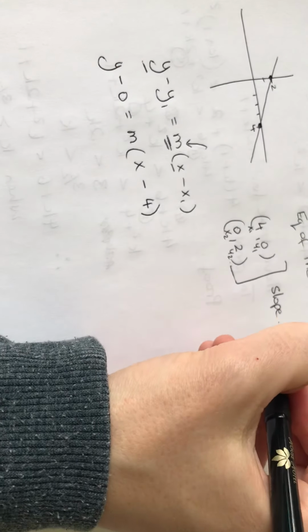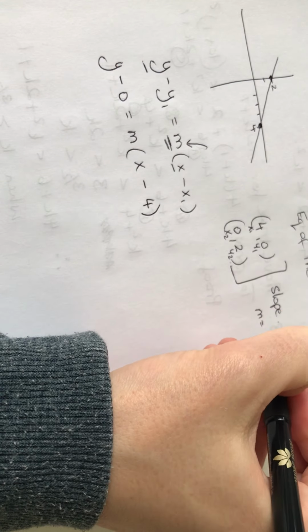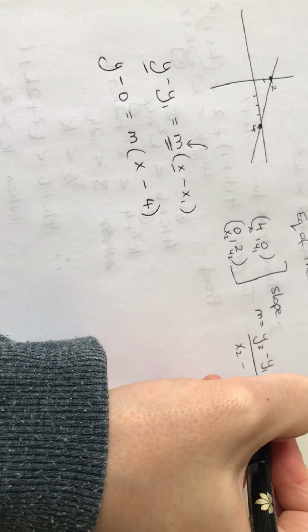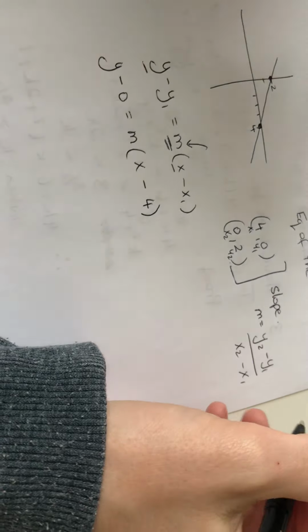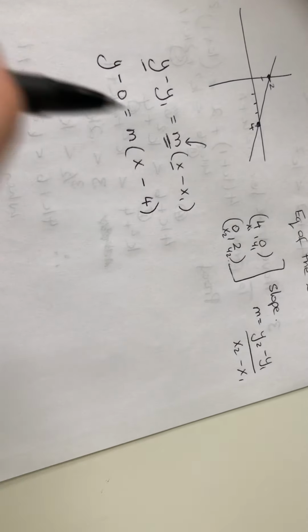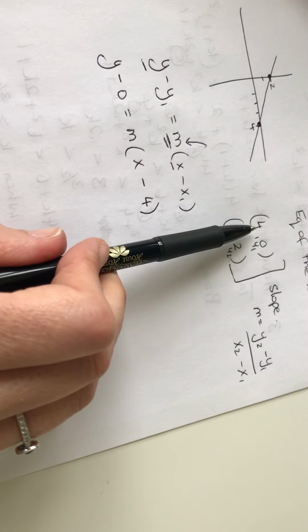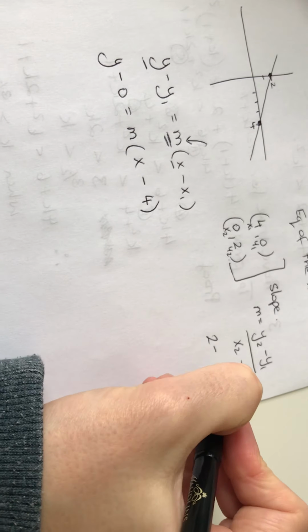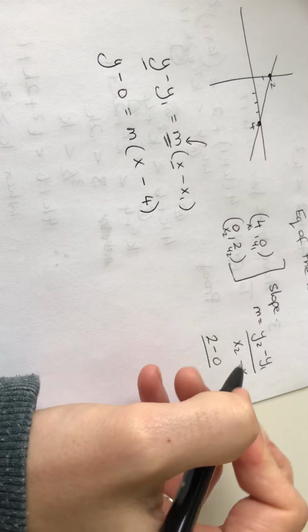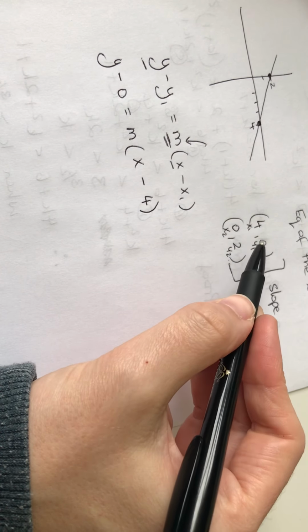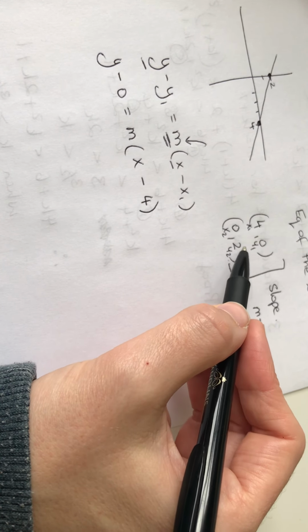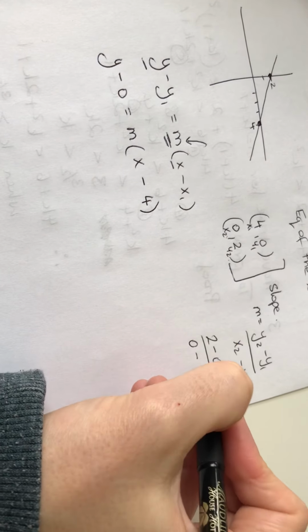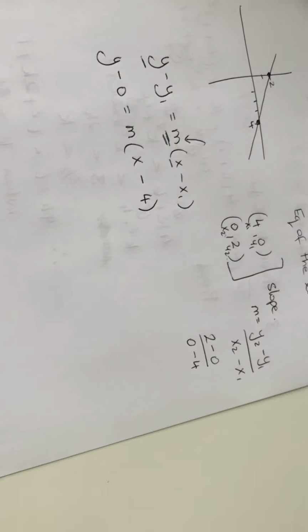So slope is equal to y2 minus y1 over x2 minus x1.